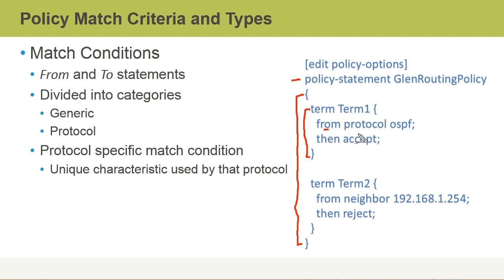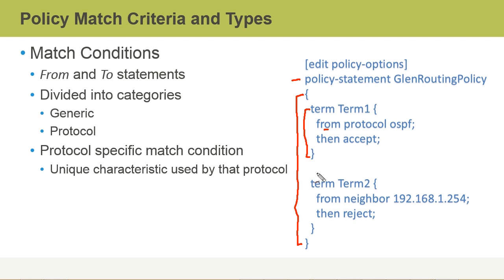So we have a from. Term 1 is going to test to see if the information is from protocol OSPF. So we're doing a protocol test here. And if the information is from protocol OSPF, then we're going to accept that traffic. Whereas the second term, let's again pretend that the information is not OSPF information that's coming into the device.